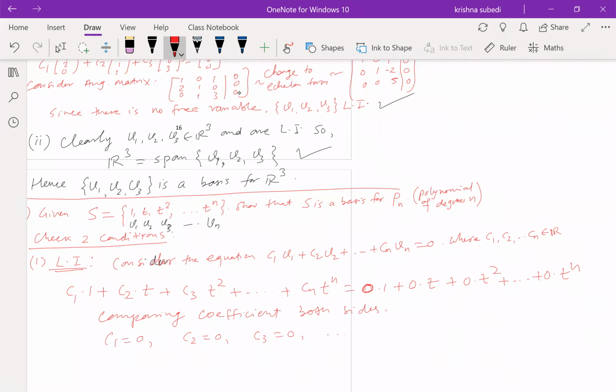It goes like that, so cn must be 0. So by definition, this set 1, t, t square, up to t to the n is linearly independent. So the first condition checks.